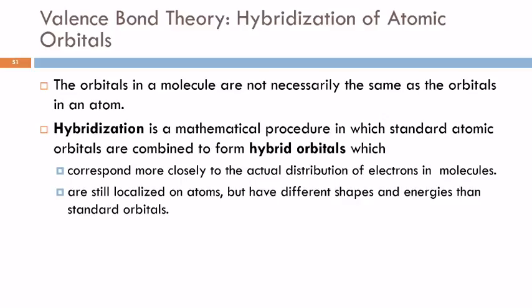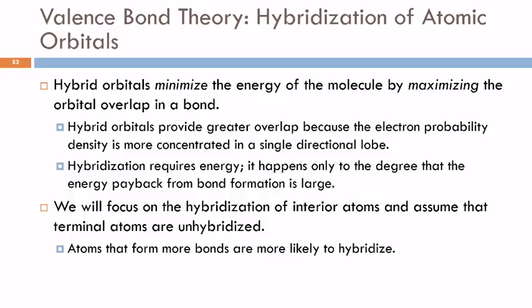The details of that are way beyond the scope of this course, so we're not going to talk about them. These hybrid orbitals correspond more closely to how the electrons are actually distributed in molecules. They're still localized on the atoms, though, but their shapes and energies are going to be a little different than the standard orbitals. So let's look at how this happens.